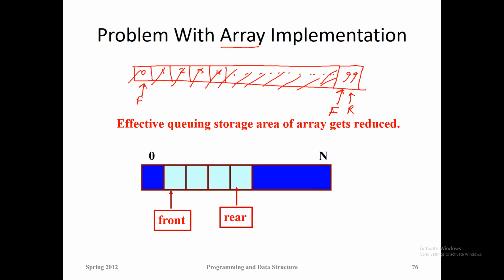There is only one element, that is the 99th element. Elements from the front of the queue are deleted, so both front and rear are pointing to the last element.